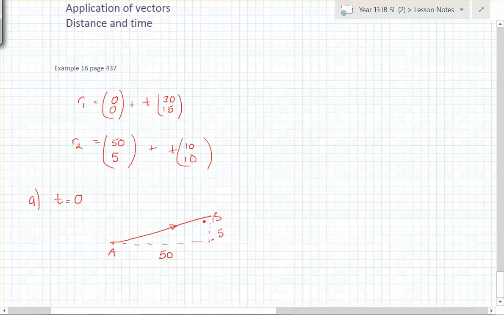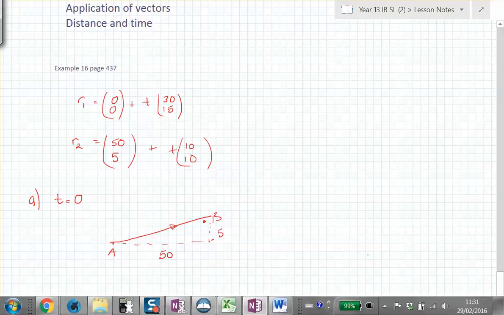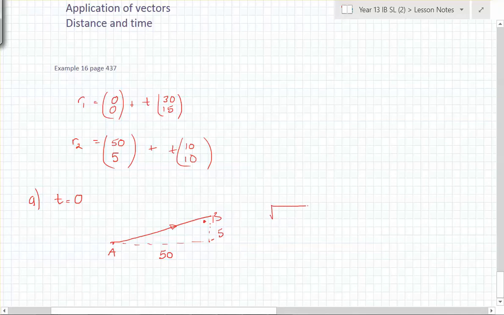Now because we've got a (0, 0), this question could change if both boats are out sailing around somewhere. So Pythagoras' theorem states that we have the square root of 50 squared plus 5 squared, which works out as 50.2 kilometres, looking at the example in the book.